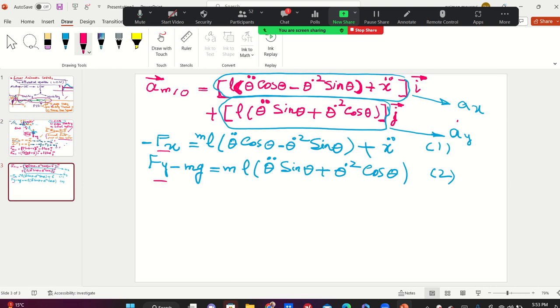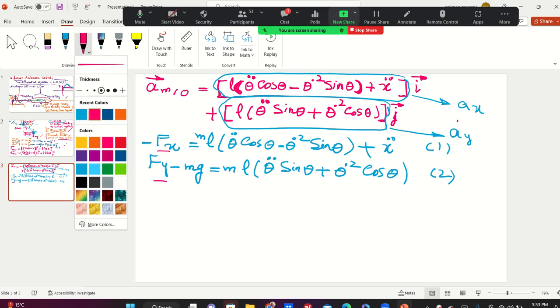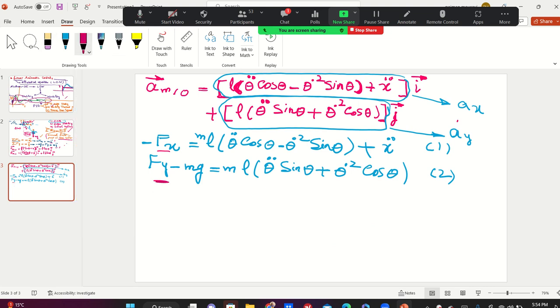So you can say now, let me change the color, the sum of moments around point A, mass center, is I around point A, theta double dot.